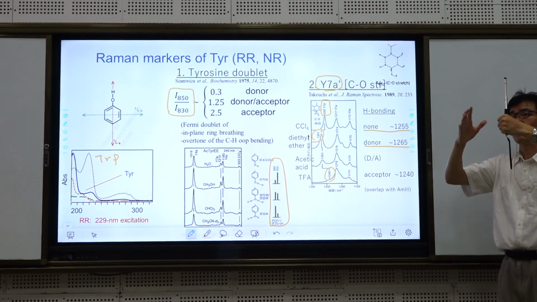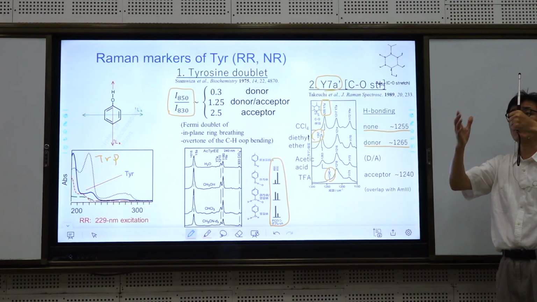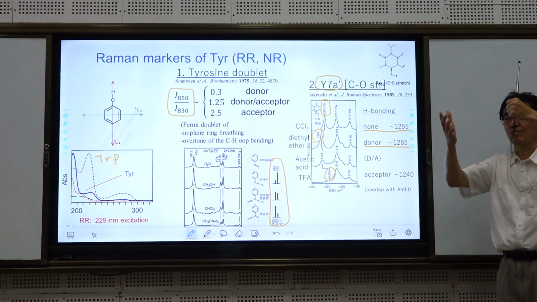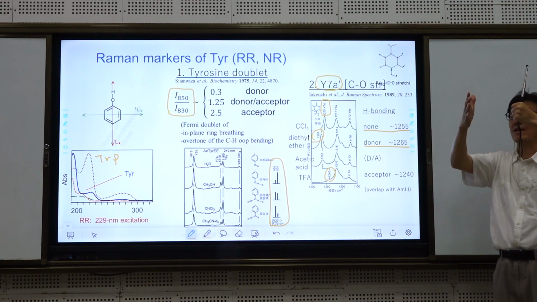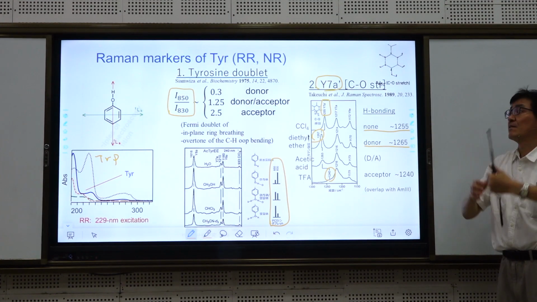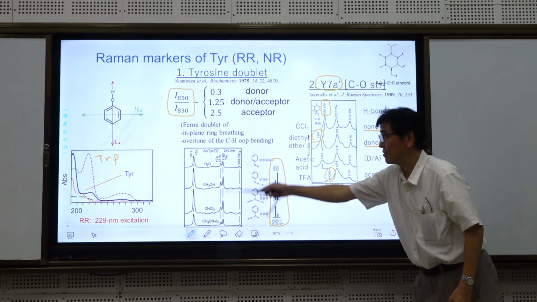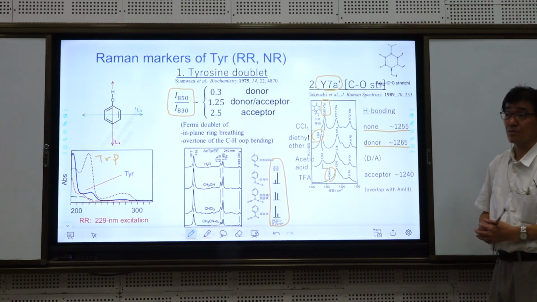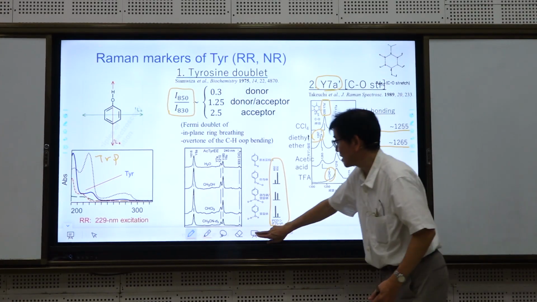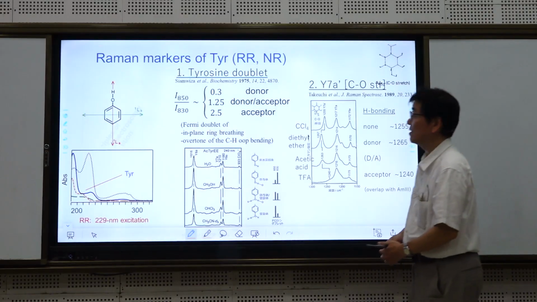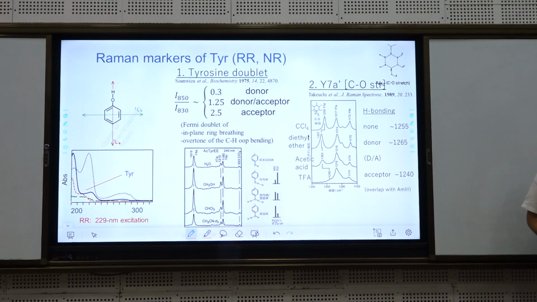Then we can analyze what the structural change is, how it accepts the ligand with the tyrosine plane or tryptophan plane. So this kind of information is very useful to discuss what happens upon ligand binding.